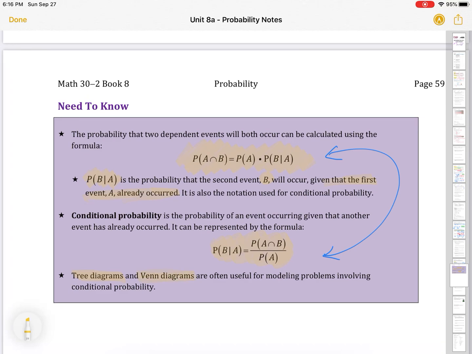Venn diagrams are also very useful in terms of sorting things out, particularly with number sets and that example that we looked at. Whenever you have a situation with an overlap, make sure you're using a Venn diagram to count for that. They're very good for modeling problems involving conditional probability.